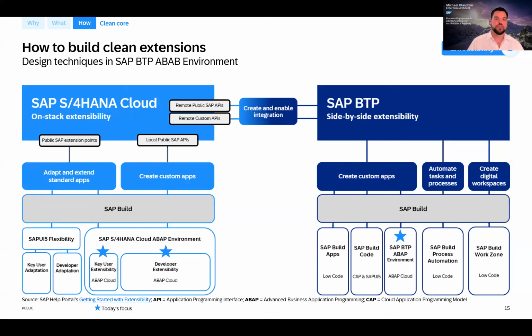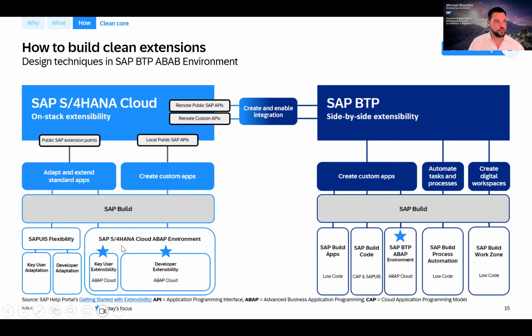Let's start with more specificity with on-stack extension, like the first design technique to extend. For on-stack extensibility, SAP Build provides both low-code and pro-code approaches to meet the different skill levels and requirements of users and developers.